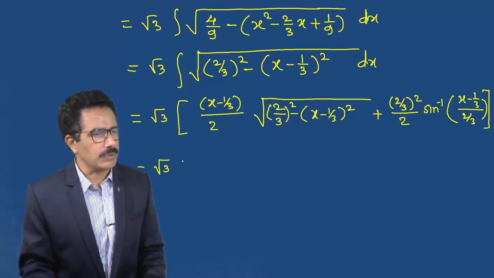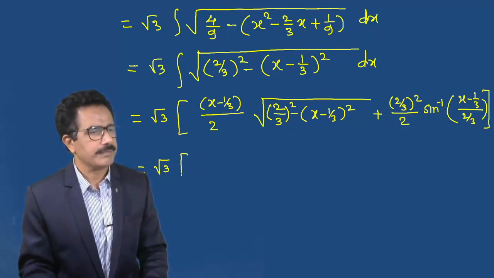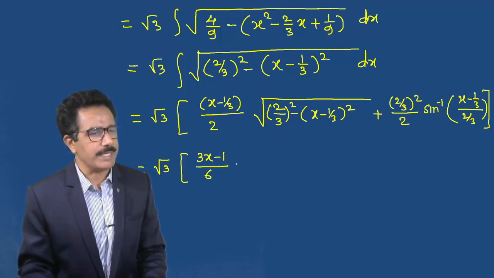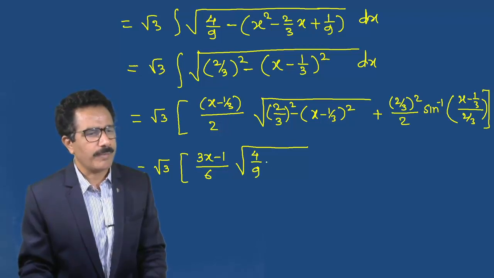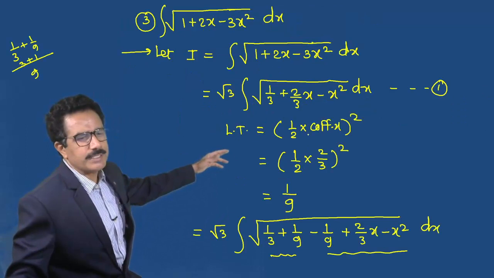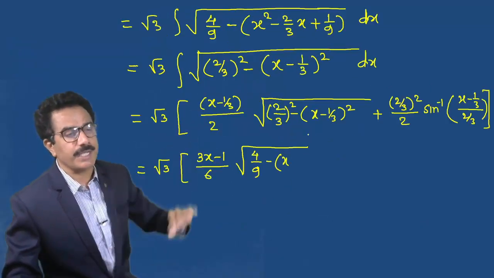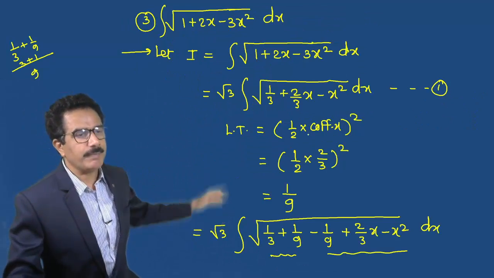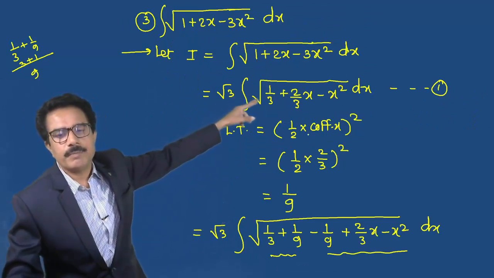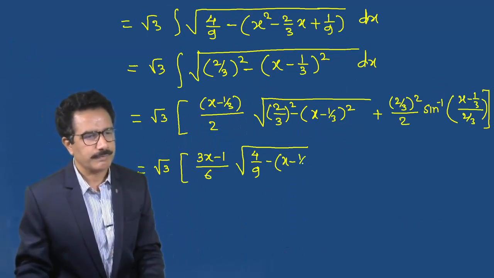So root 3 into, we can write 3x minus 1 divided by 6 into root of 4 by 9 minus x. We can also write this term as 1 by 3 plus 2 by 3x minus x square.